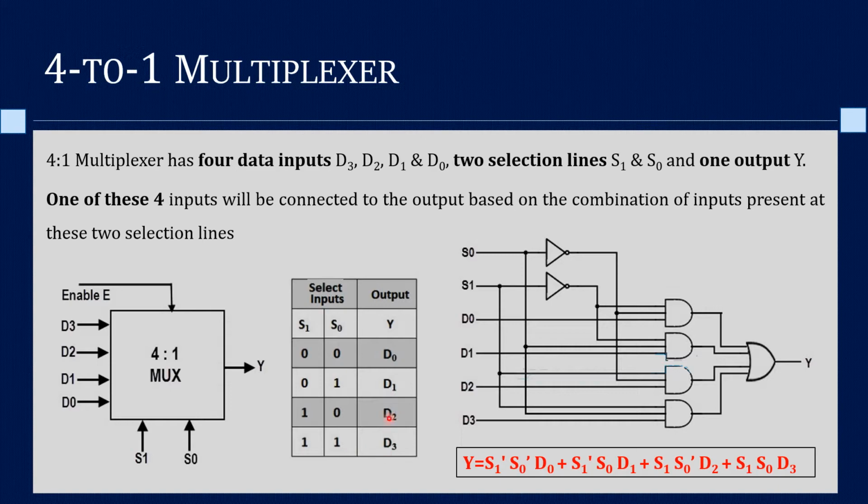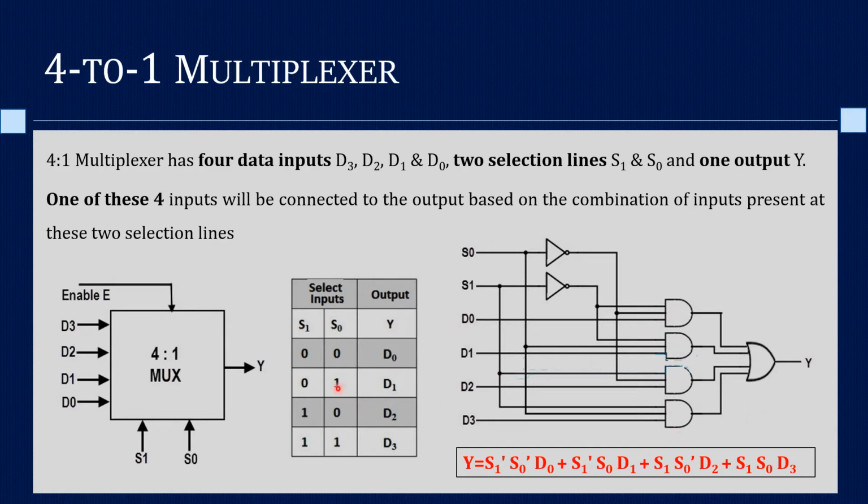Now we can form the equation for Y as S1 bar into S0 bar into D0 plus S1 bar into S0 into D1 plus S1 into S0 bar into D2 plus S1 S0 D3. We can draw the corresponding logic diagram using 4 AND gates and an OR gate.